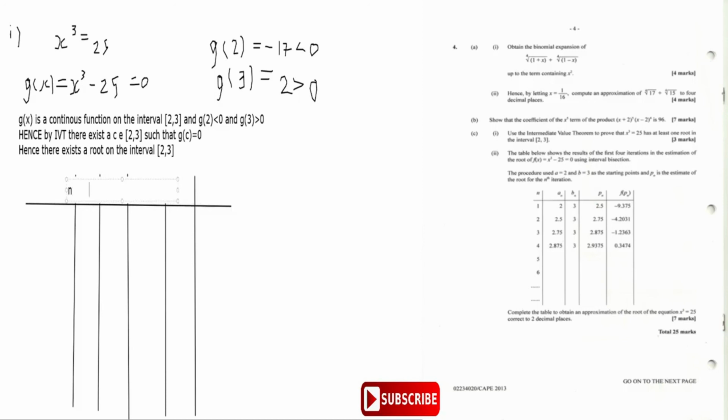Then you have A, then you have B, then you have Pn. I'm going to put P of n, B of n, A of n, and then right here I'm going to call it Fp of n.